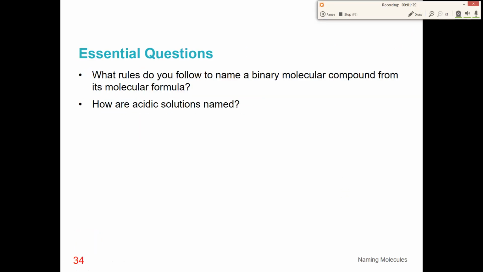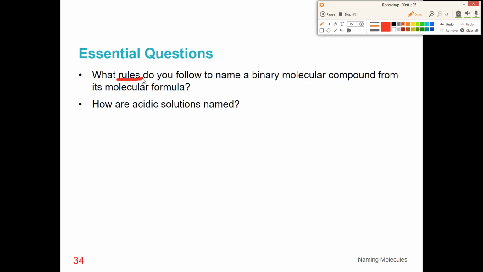Right. So we'll talk about the detail, the rules, how to name a ionic compound. No, I'm sorry, it's a covalent compound.